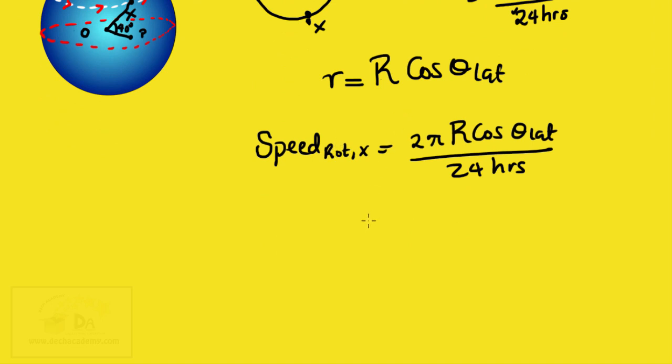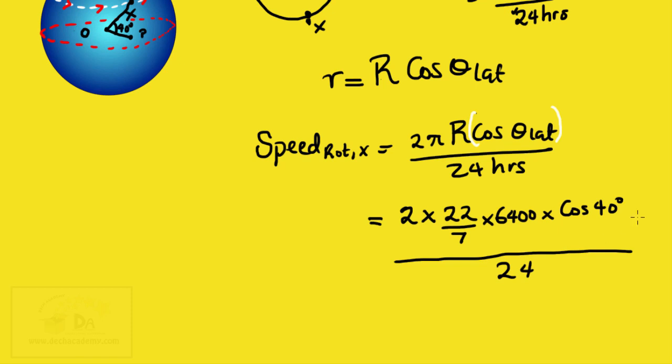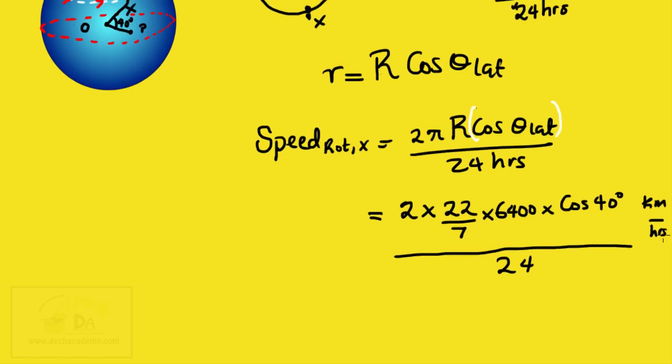The rotational speed of point X is therefore equal to 2 times pi, which we can take as 22/7, times big R, which is 6,400 kilometers, times the cosine of the latitude of point X, which is 40 degrees, and all of this divided by 24 hours. Up here we have kilometers and down here we have hours, so the unit is kilometers per hour.